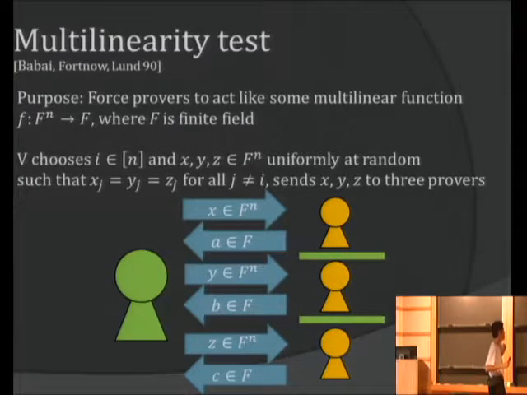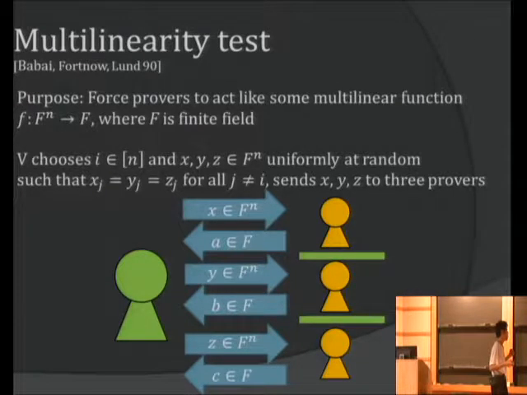The most important part of the protocol of Babai, Fortnow, and Lund is called the multilinearity test. The purpose of this test is to force provers to act like some multilinear function from n variables to one variable.